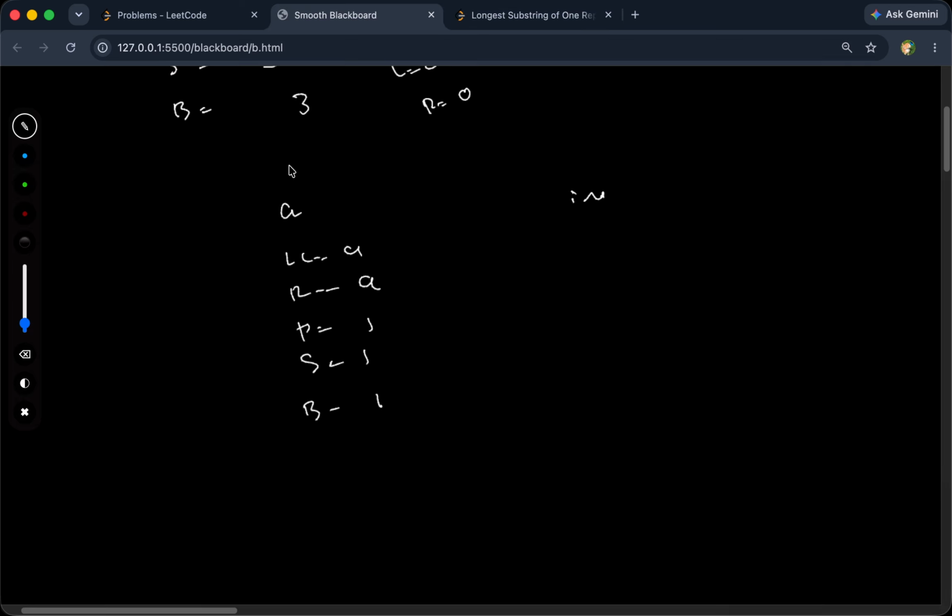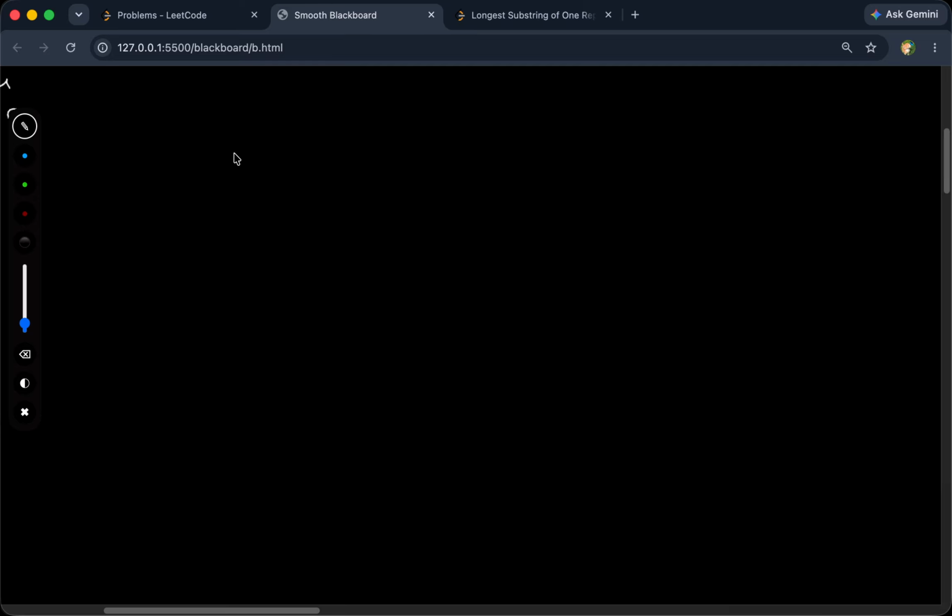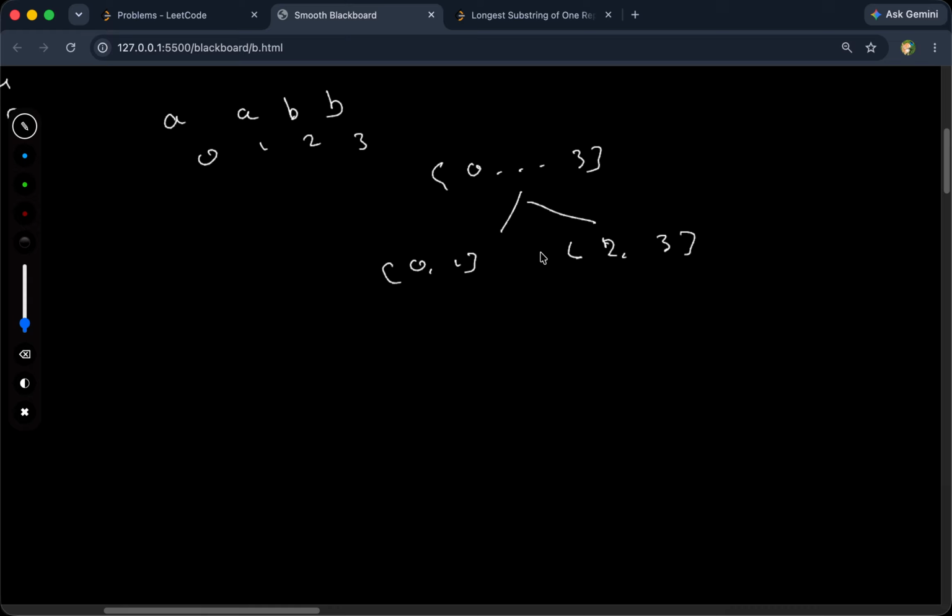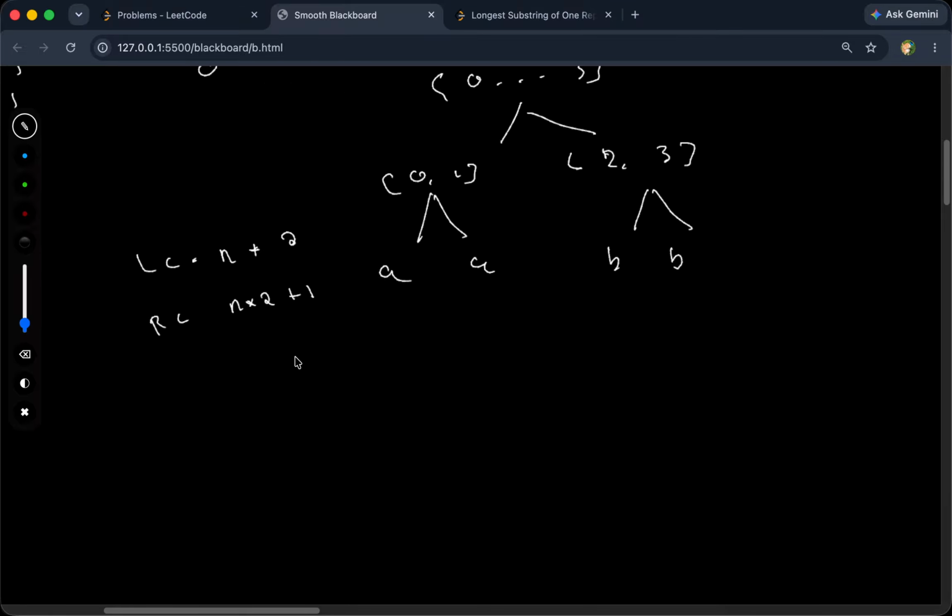So here a, b, b. Okay, see, the left child node is node into 2, and the right child node is node into 2 plus 1. Now we have to merge the children. After building both children, we need to combine them.